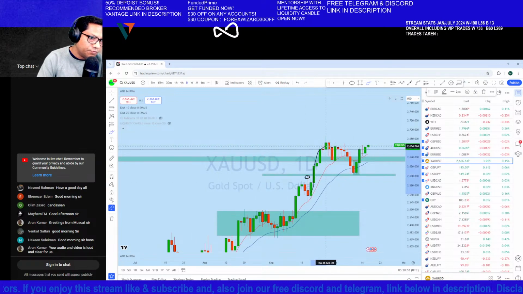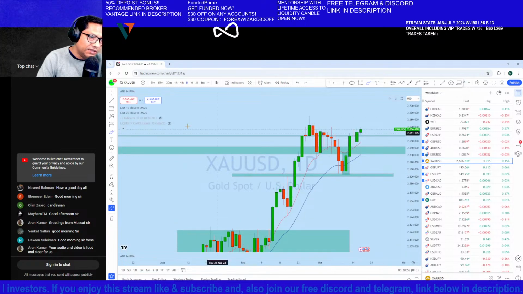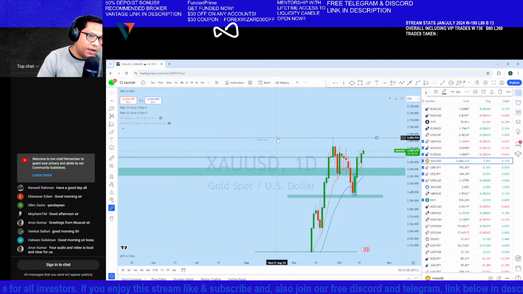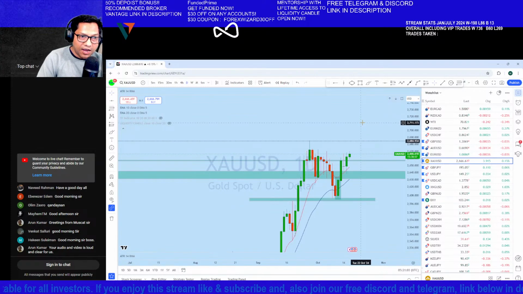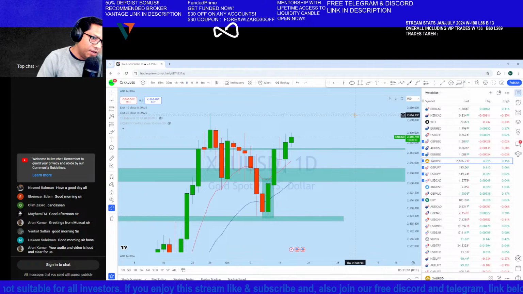Therefore, what I think we can at least expect in this move is an equal high or a higher high before it drops, ranges, or continues to remain bullish.